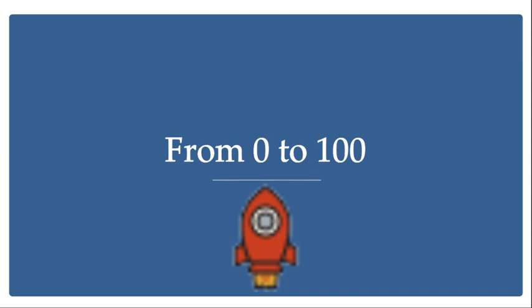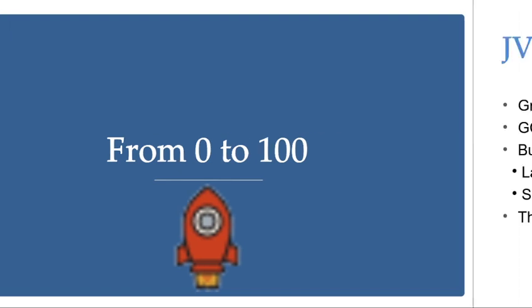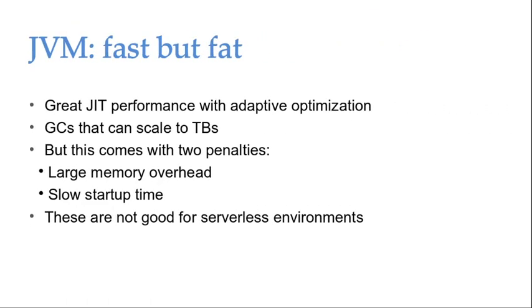So let's look at another aspect, and that is startup time and memory footprint. Infinispan has been implemented in Java, and the JVM is notoriously very fast. It has very high performance thanks to its just-in-time compiler that can do adaptive optimization at runtime.